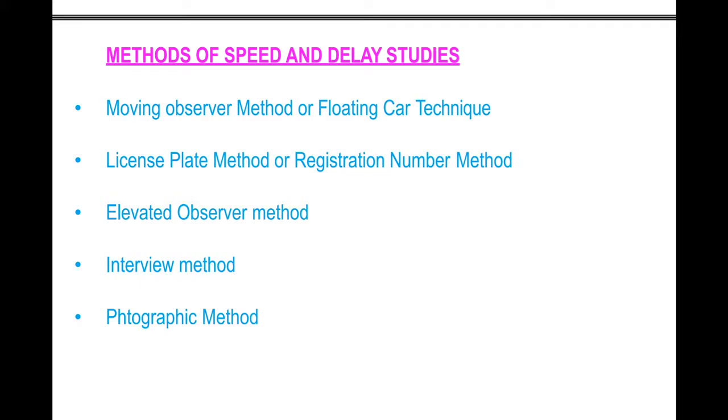So here in this first method, that is moving observer method, the surveyor would himself be placed in a car, which is the survey vehicle, and he will travel along the road.